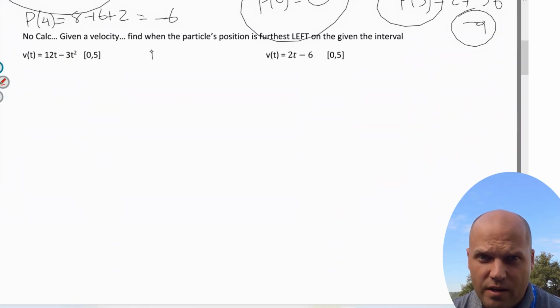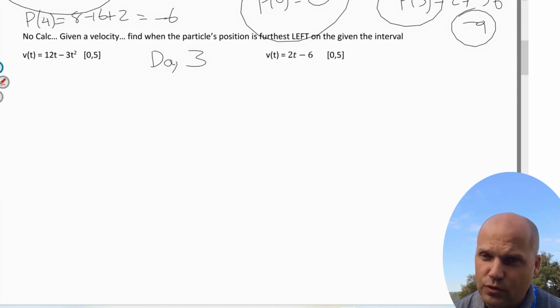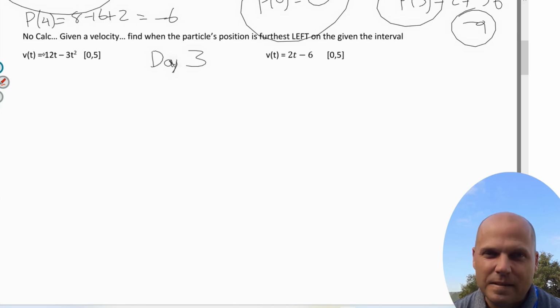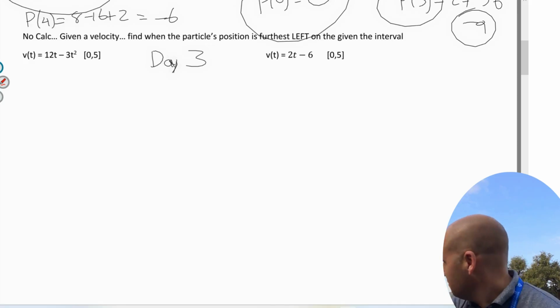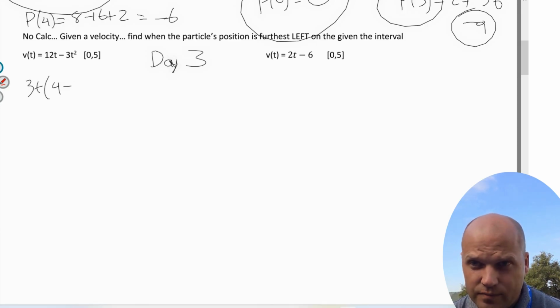Now, this is like day 3. You're given the velocity. You are unable to find the position. We have our derivative. We set it equal to 0. That's great.